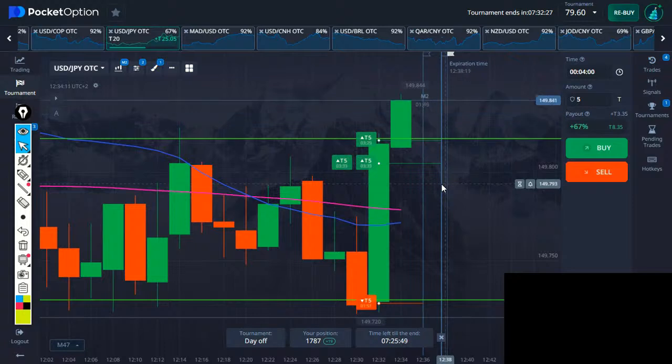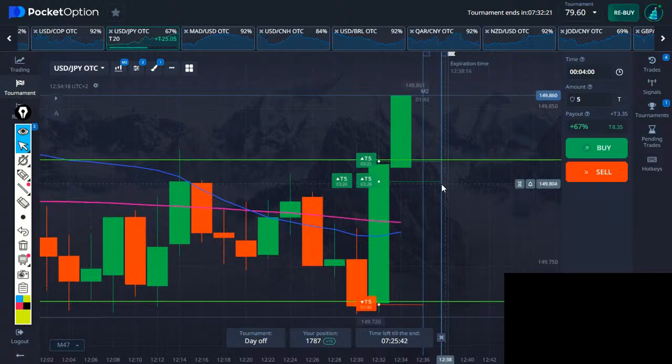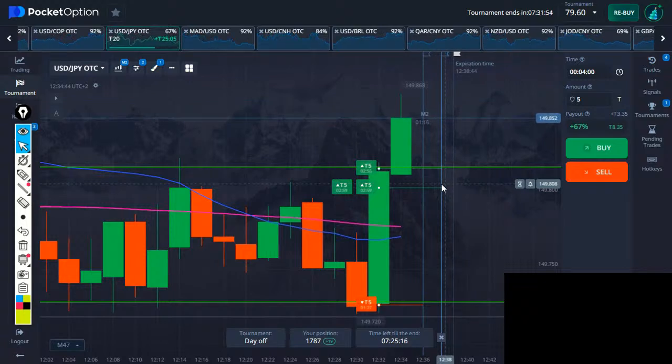Nice. This thing has a 67% payout. With real money, I wouldn't have taken it. However, since the setup was beautiful, I wanted to show you how things work. Fantastic push. Nice.